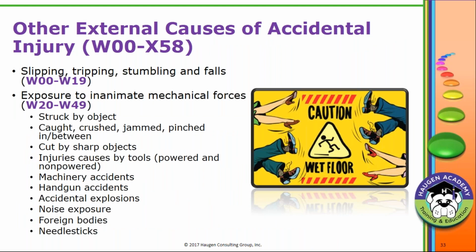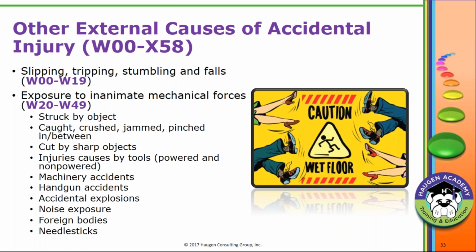Okay, other external causes of accidental injury. The W codes, you can see we've got a lot of people here who just slipped and fell on a wet floor. So the slipping, tripping, stumbling, and falls are codes W00 to W19. The exposure to inanimate mechanical forces are classified to W20 to W49, and that includes all kinds of things from being struck by an object to being caught or crushed between objects, machinery accidents, handgun accidents, accidental explosions, needle sticks.